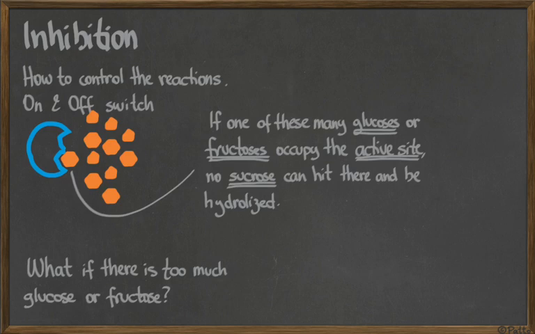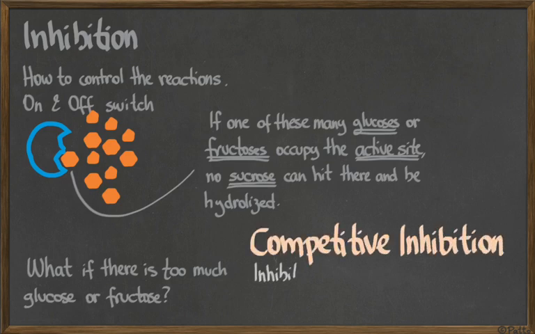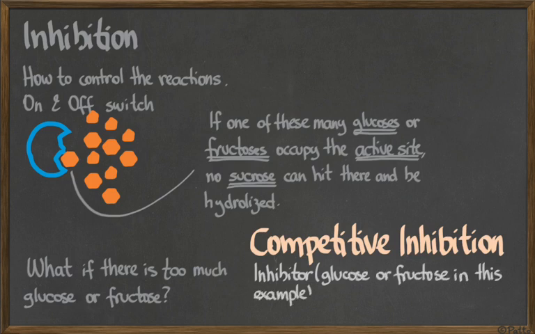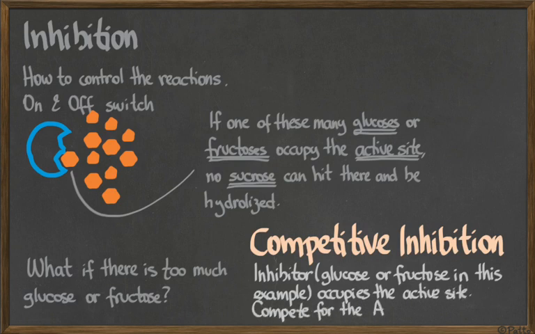So in this case, the chemical reaction is going to be stopped for a while while that glucose is over there, by competitive inhibition. The inhibitor, in this case the products themselves, glucose or fructose, are going to be occupying the active site. So they compete for the active site with the substrate. With the inhibitor, glucose or fructose in this case, the substrate, sucrose, cannot get in.